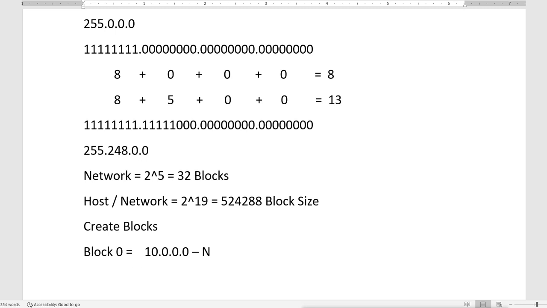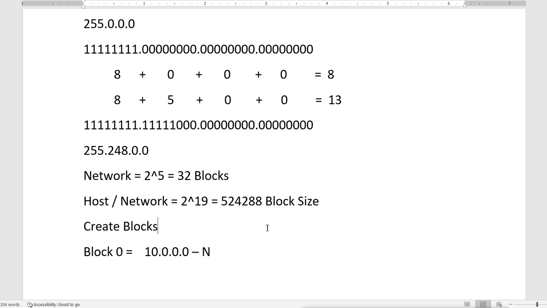For adding the broadcast IP, I have to add this number of hosts in that block. Now again the problem is that in a single part we can only go from 0 to 255, that is 256 values. So how many times will I go from 0 to 255 to reach this number?